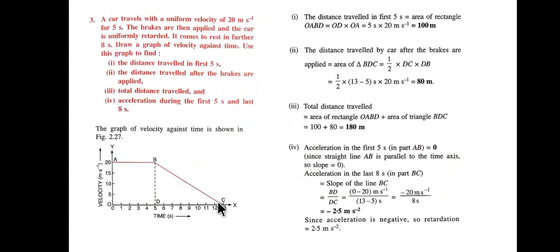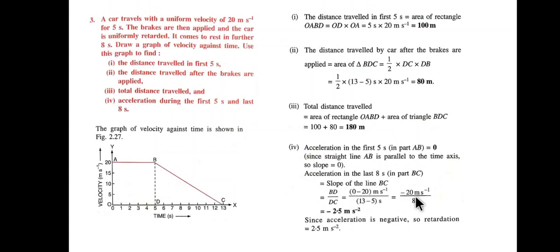So the slope of this line will give us the acceleration. Over here the slope is equal to BD by DC. BD, we can take the length positive, but since it is negatively inclined, we'll put a minus sign over here.